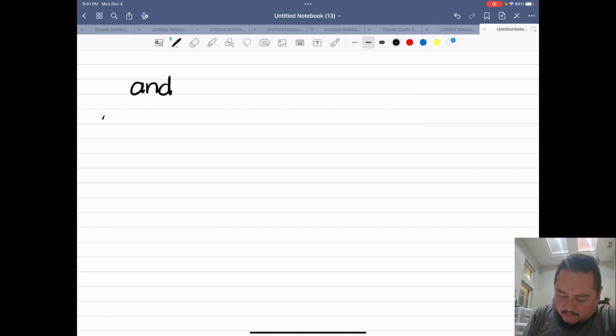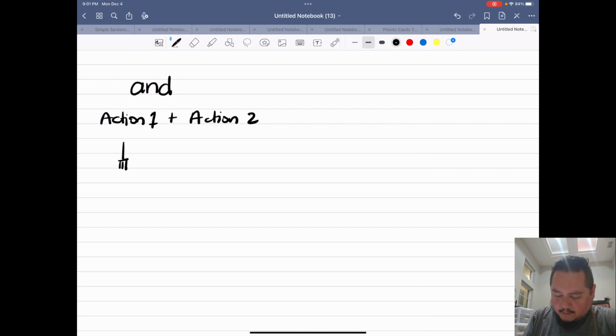We could say, for example, action 1 plus action 2. You are sweeping the house and listening to music. So you're doing two things.